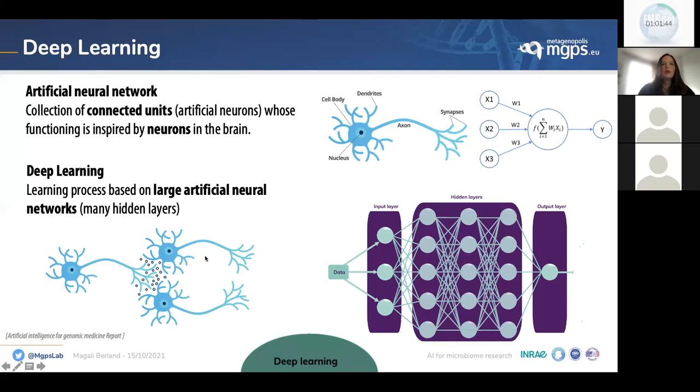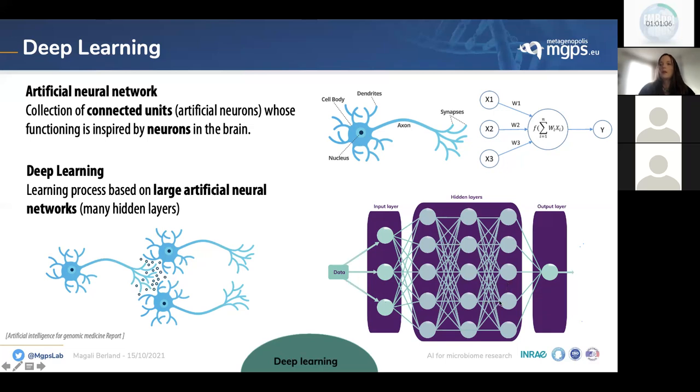So you can imagine a network with many neurons, and here you have the chemical components that convey the information between the neurons. And here is the artificial counterpart of this, where you provide the data at the entrance. You have the input layer with a few neurons, and then several hidden layers that will convey the information. And for each node, for each neuron, you have weights that you can train based on the input data.